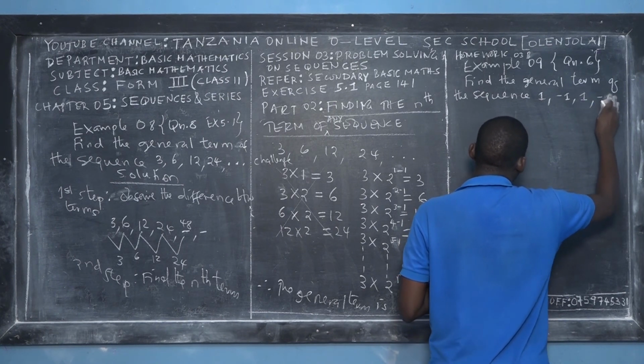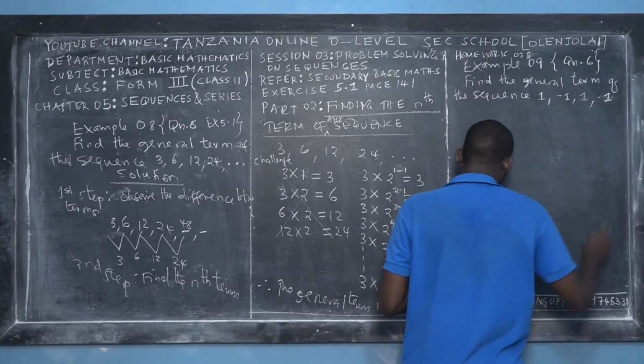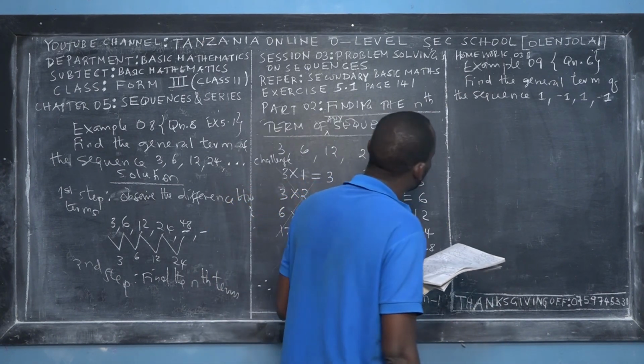This is the same sequence as the one that I taught you how to find the next term in example 5. So find the general term of that sequence.